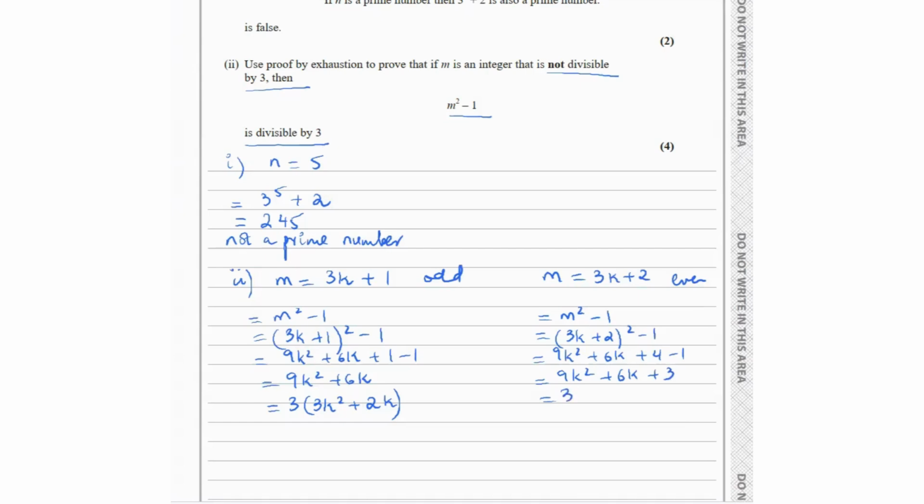Again, we can take 3 common. So 3 times (3k squared plus 2k plus 1). In both cases, it is divisible by 3, given that m is an integer which is not divisible by 3.